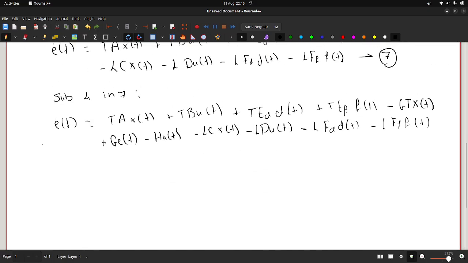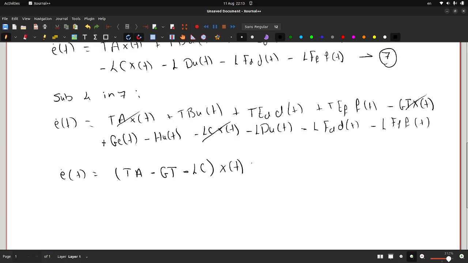Now let's rearrange the terms to have it in a compact form. So e dot of t is equal to TA minus GT minus LC, and we're done with all terms in x.